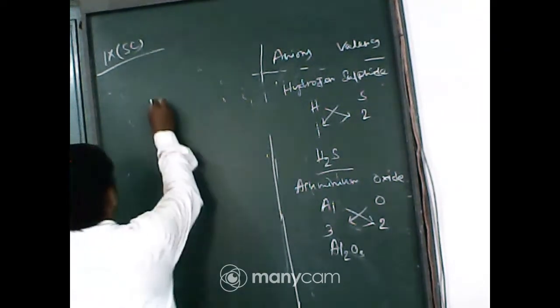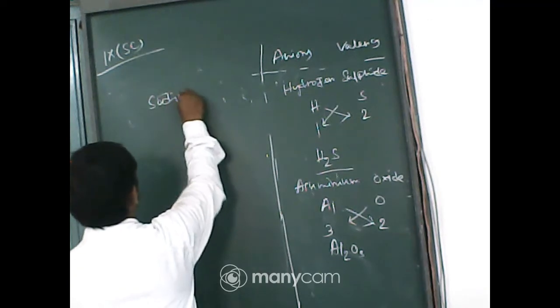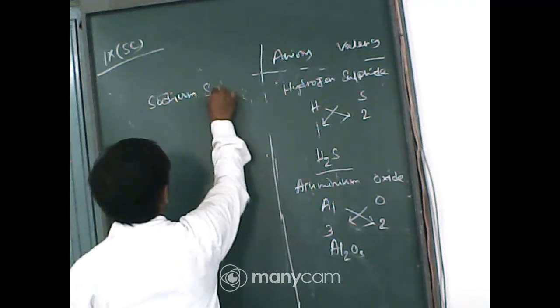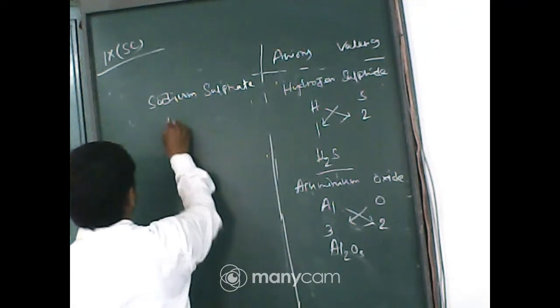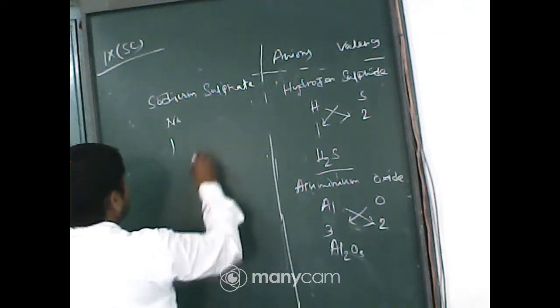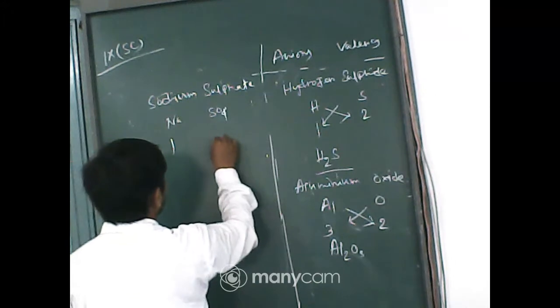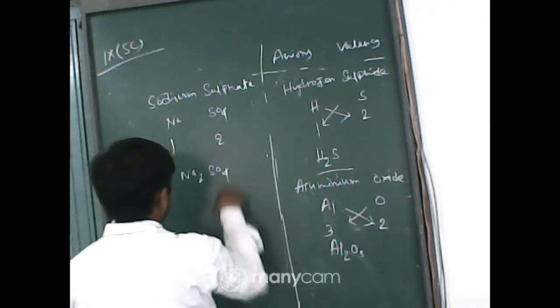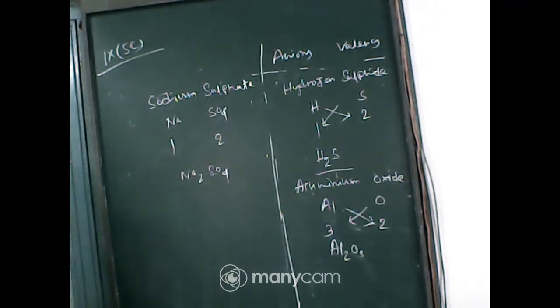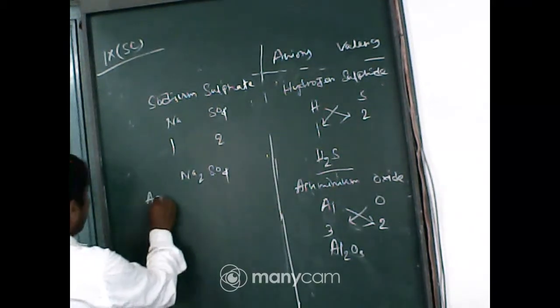Now sodium sulfate, sodium 1, sulfate 2, we will get Na2SO4.